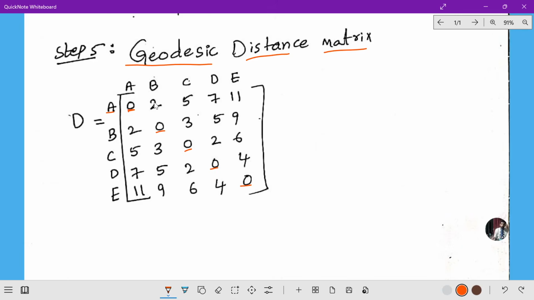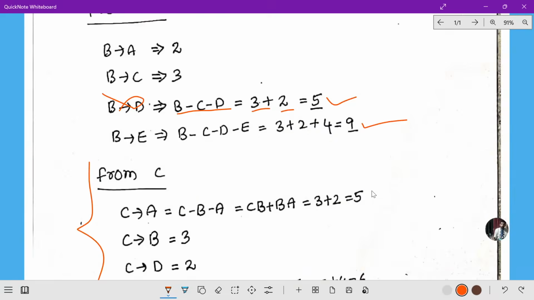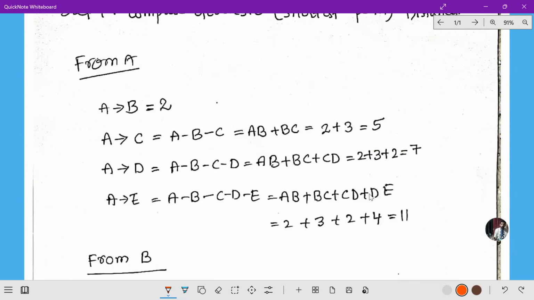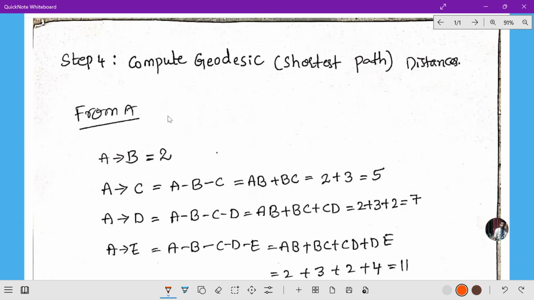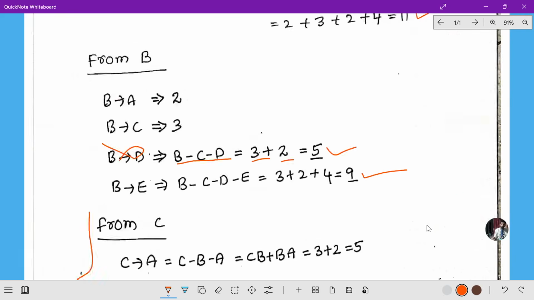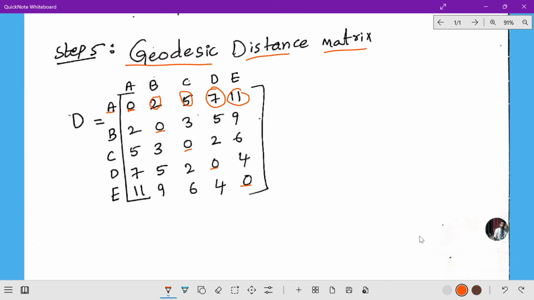But when I say A to B, how did this value come? This is 2, A to C 5, 7, 11. So 2, 5, 7, 11. You observe when you find out the A to D value, this is actually the geodesic shortest path distances. Yes, you write all the values in sequence.